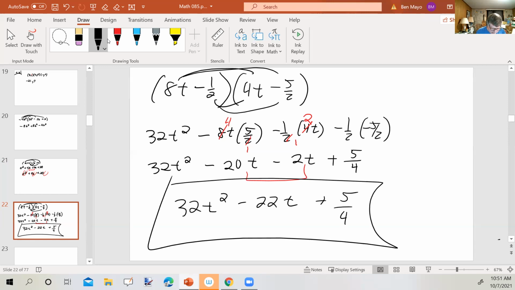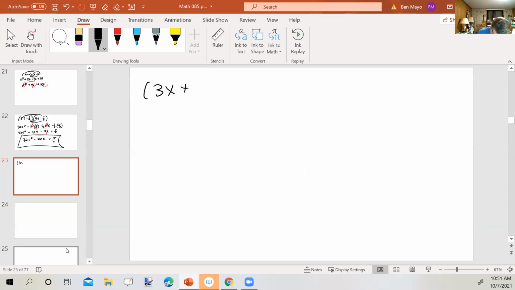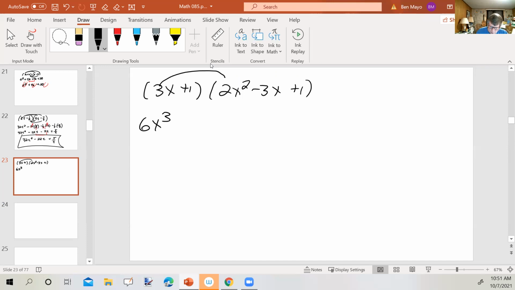Let's say we're multiplying a binomial times a trinomial. So 3x plus 1 times 2x squared minus 3x plus 1. So we're going to take each term in the binomial and multiply it by each term in the trinomial. So 3x times 2x squared is 6x cubed. 3x times minus 3x is minus 9x squared. 3x times 1 is plus 3x.